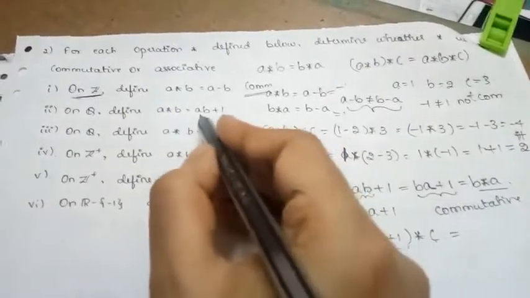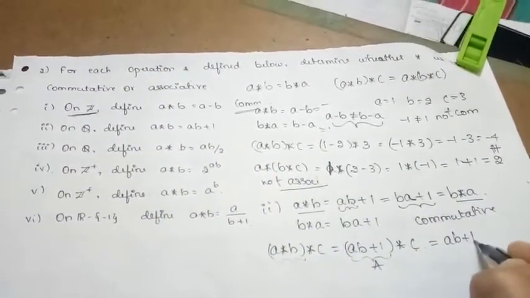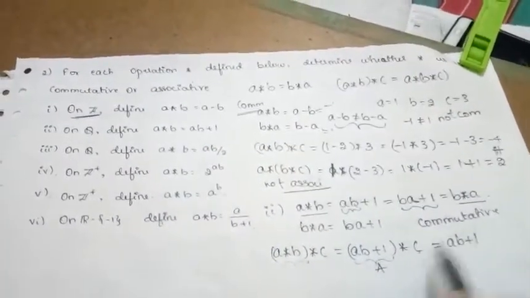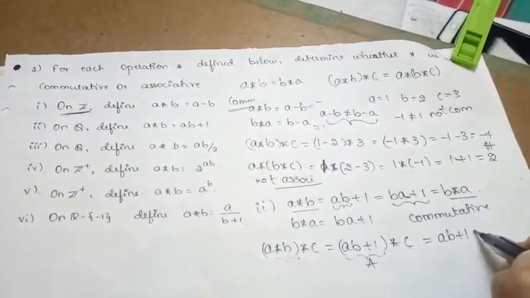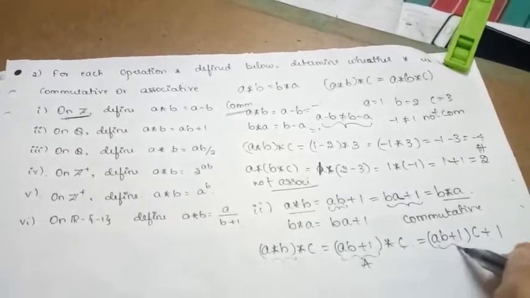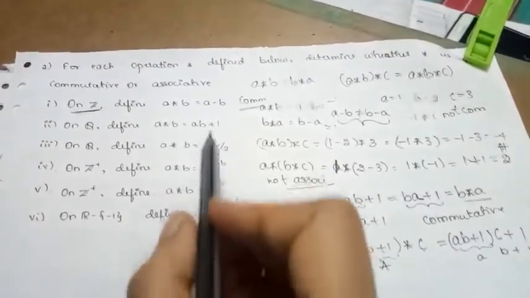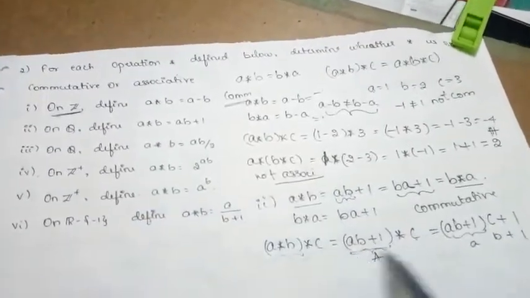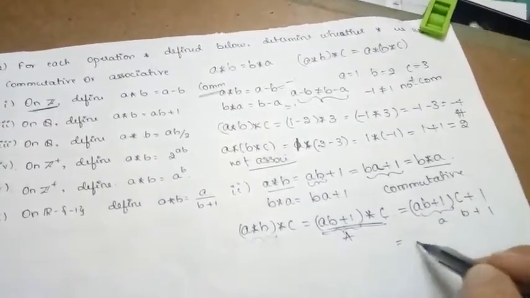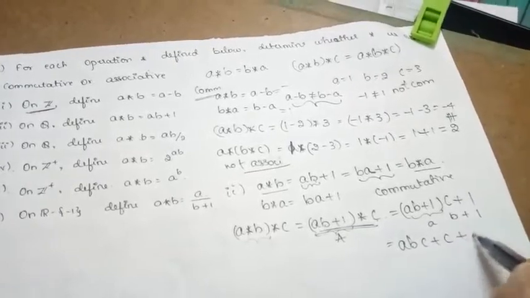In place of A we are writing this one, that is AB plus 1. What is B? It is nothing but C, so C plus 1. According to the definition, I have reduced this into the form of AB plus 1. Now you can see this one as ABC plus C plus 1.